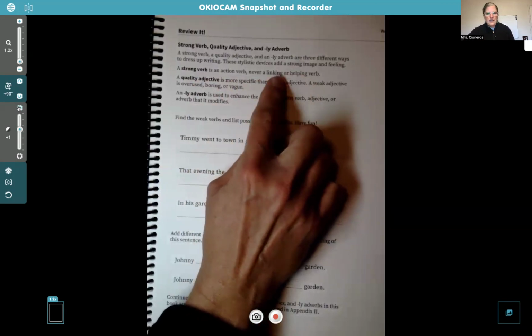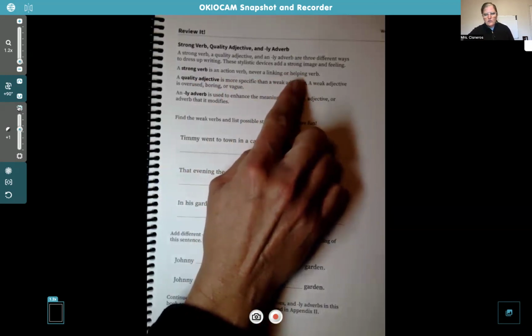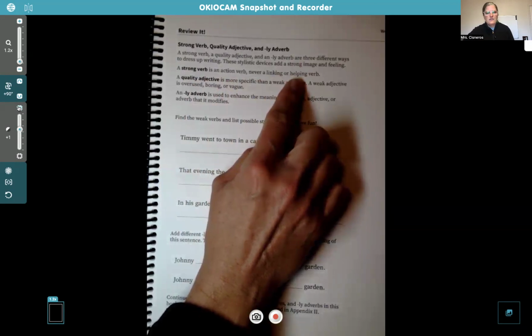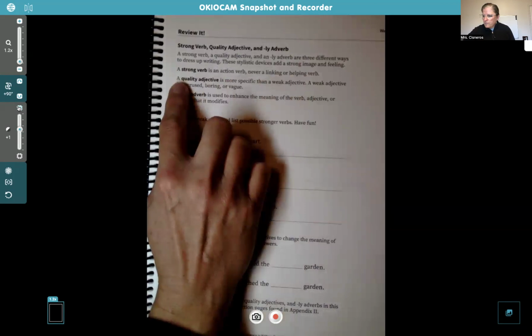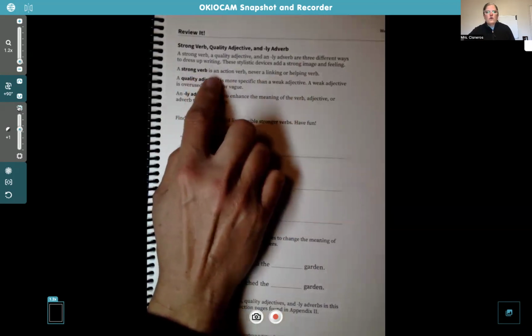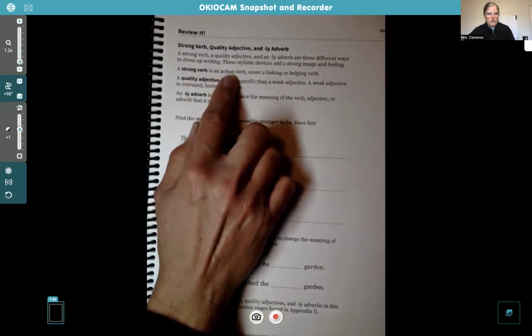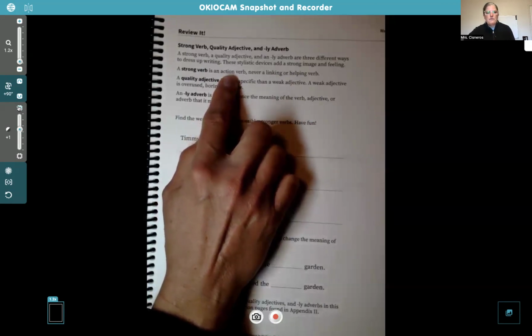Remember, those linking and helping are words like is, was, had, has been, those types of words. So a strong verb is only the action words, like a word that shows action, like digging or running, jumping, swimming, things like that.